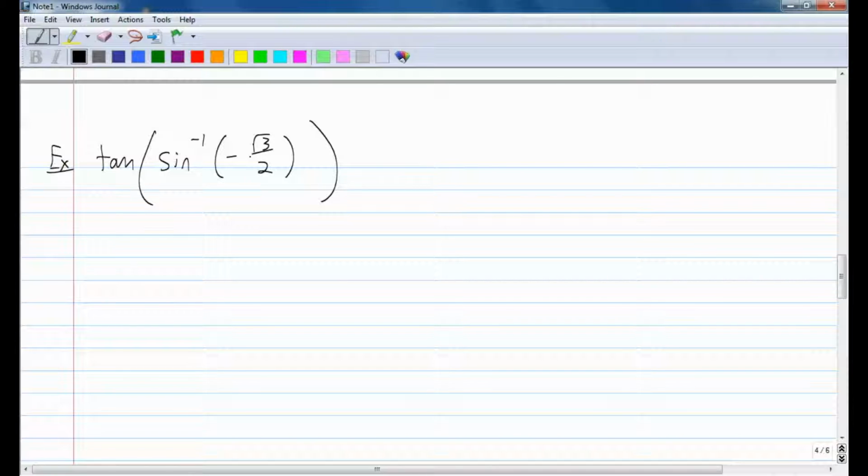We'd work it out by saying, okay, what does this mean? The inverse sine of negative square root of 3 over 2. That means that the sine of some angle measure is equal to negative square root of 3 over 2. Now, in terms of x, y, and r, sine is y over r.